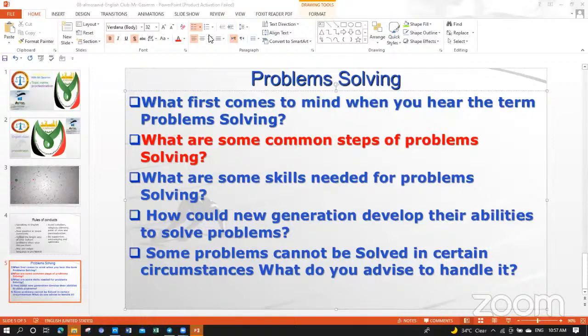To solve the challenge they face, they have to identify it first and then analyze it, dissect it basically, then put it in motion to be solved, solve what they can, and then look at the result.